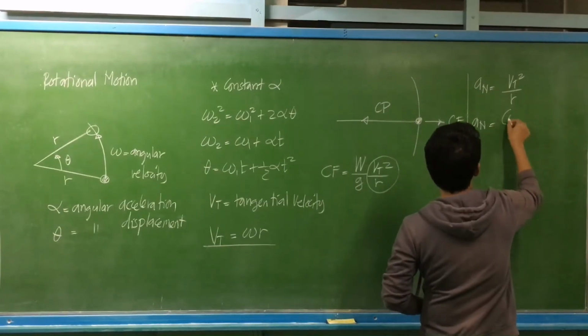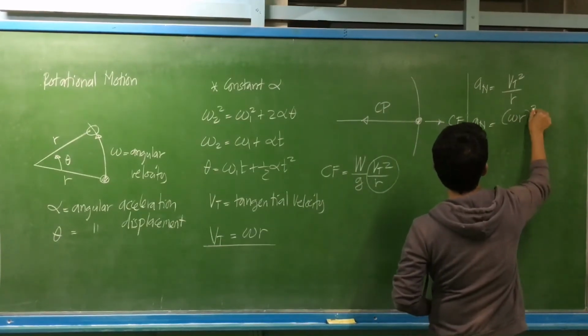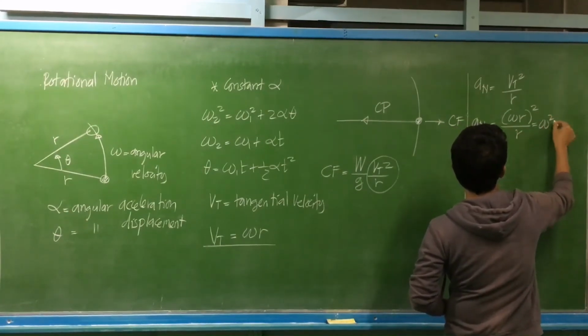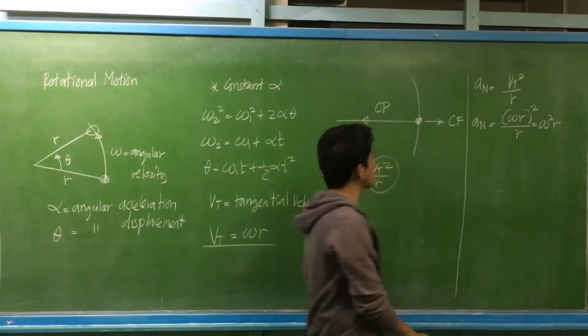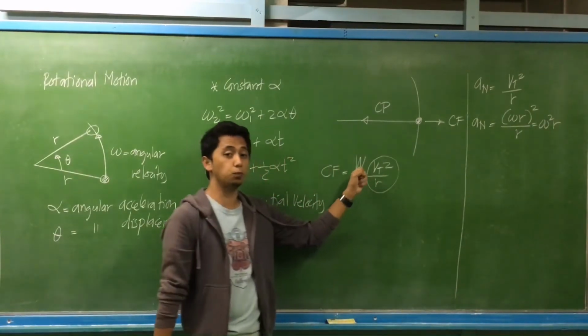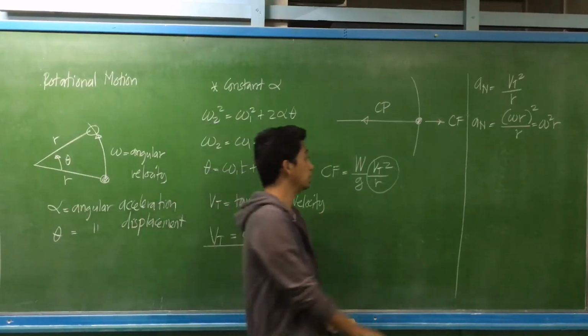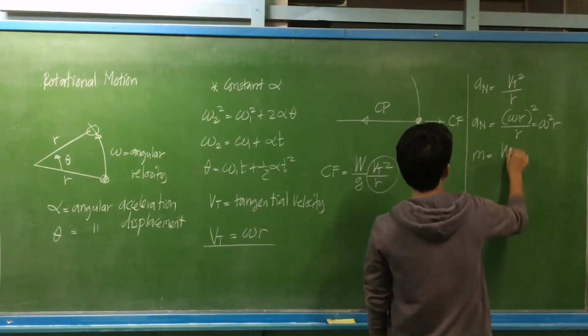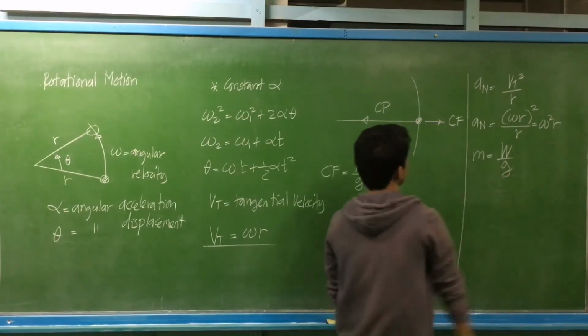We have angular velocity times the radius, squared, divided by r, which is the same as omega squared times the radius. If this is an acceleration, what is the equivalent of weight over the acceleration due to gravity? Basically, mass is equal to the weight divided by the acceleration due to gravity.